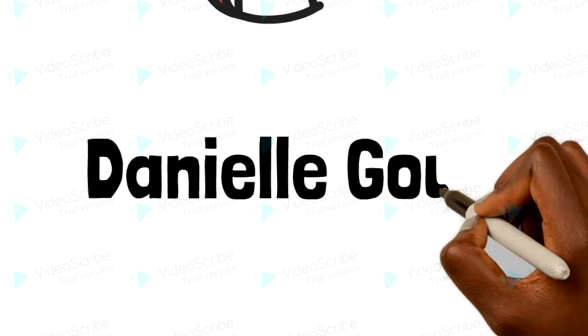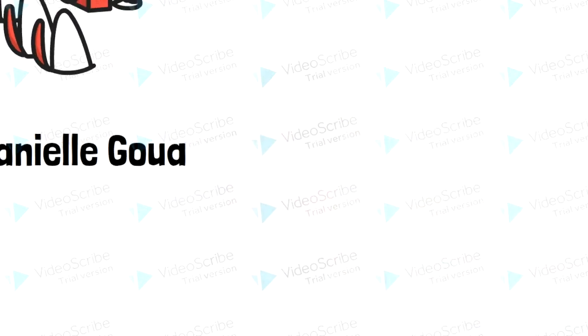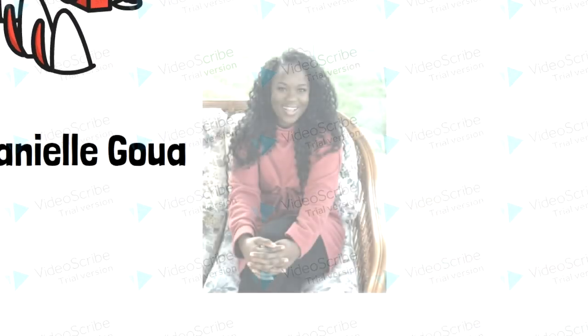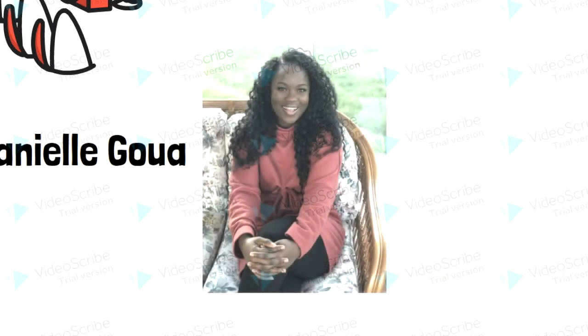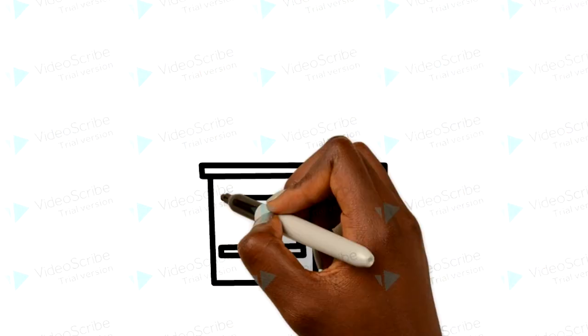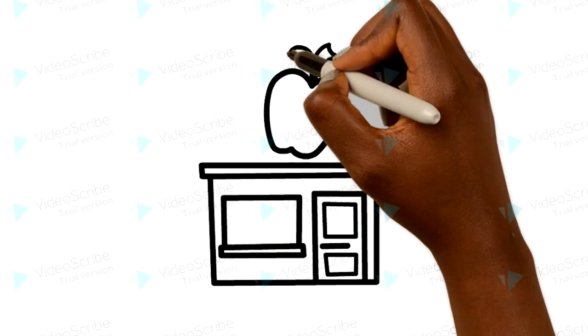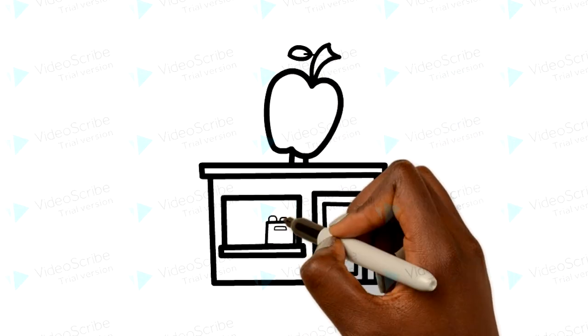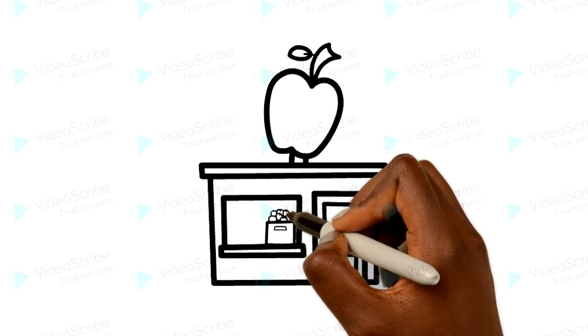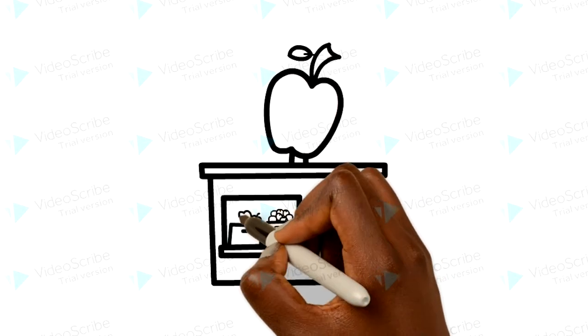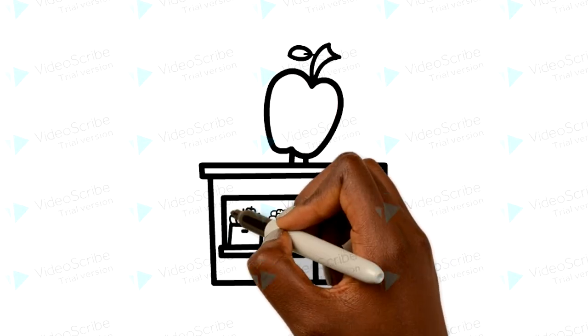A few things about me. My name is Danielle Gua, and I am currently pursuing my master's in reading at Grand Canyon University. I am a first grade teacher, and I have been teaching for DCPS for about 7 years now.